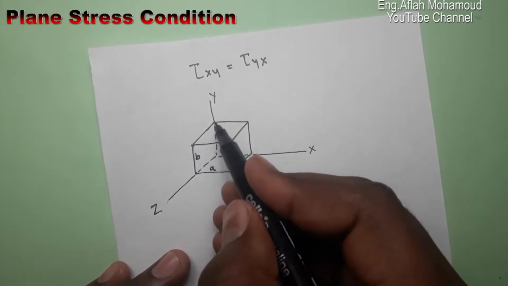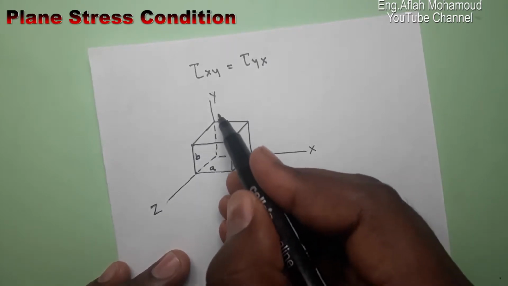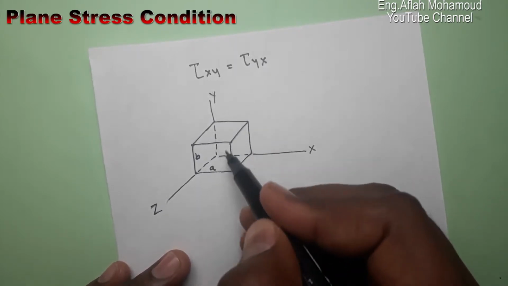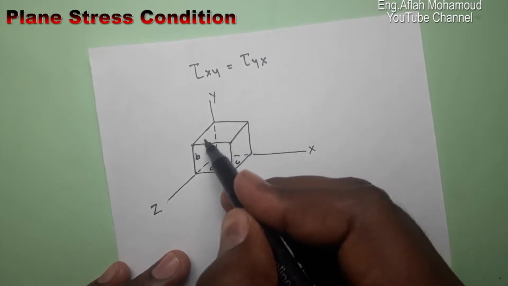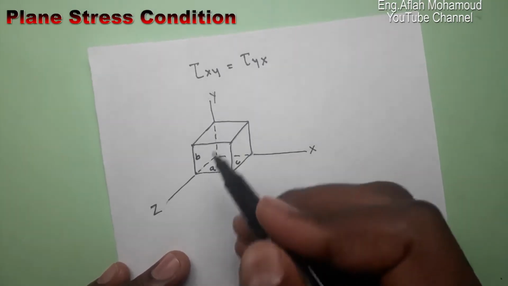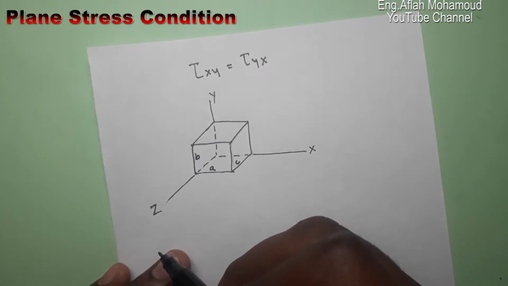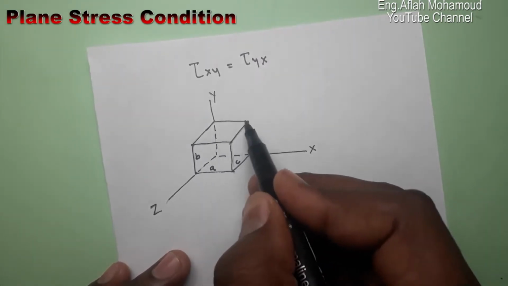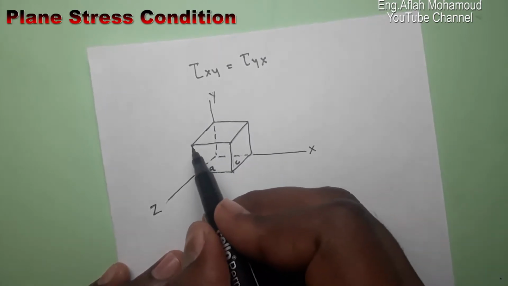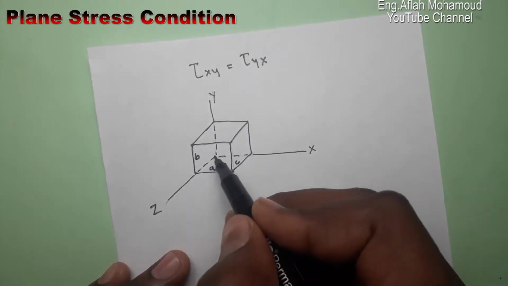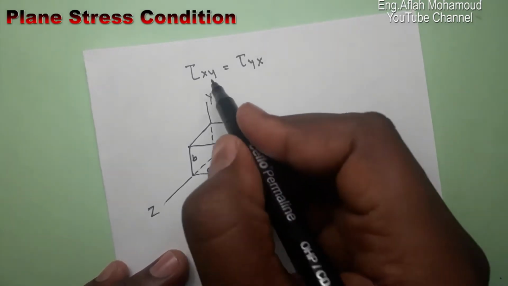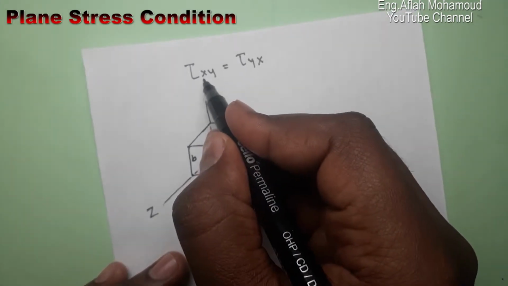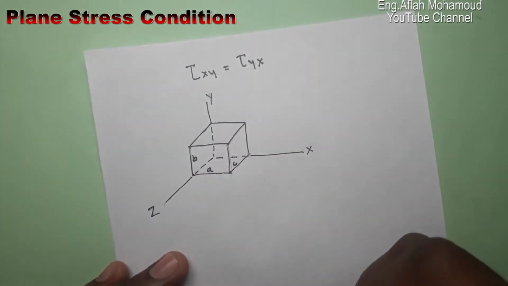This plane has a normal in the y direction, so this plane is in the y direction. In the same way, this plane and the back one are in the z direction. So the first subscript describes the direction of the plane.